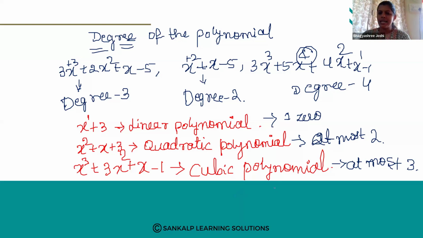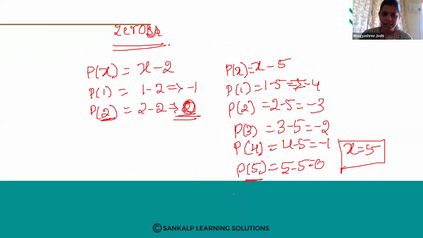Remember. Next, another thing is the zero polynomial and the non-zero polynomial. So there are two more types of polynomials: zero polynomial and non-zero polynomial. These are all the basic things about polynomials, right? What do you mean by zero polynomial?